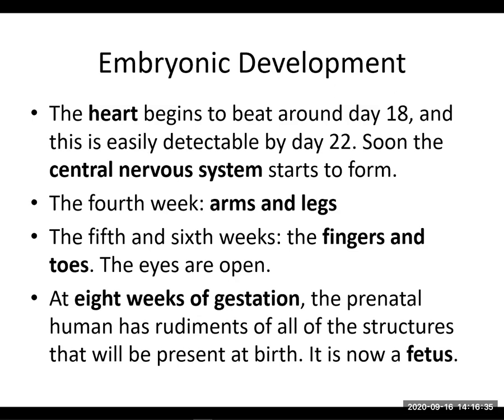And then you will see the arms and the legs, fingers and the toes. All this process takes about 8 weeks. By the end of the 8th week, the embryo will develop into something that looks more like a human body. After the 8th week, we don't call it an embryo anymore. We call it a fetus.